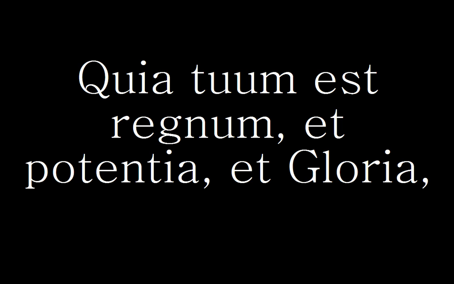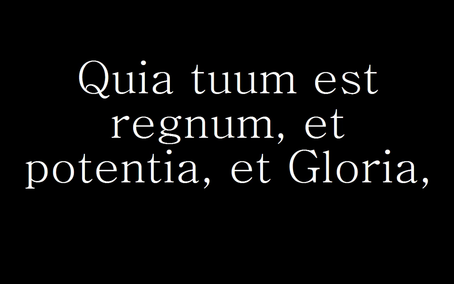Quia tuum. Now notice something happens in Latin here. Tuum actually ends in a vowel, not a consonant. It doesn't end in an M. It ends in this nasalized U. And we're following it with another vowel, est. Something happens in classical ancient Latin when we have a vowel in one word followed by a vowel in the other. It's called elision. It happens in other languages too. And we get tuumst.